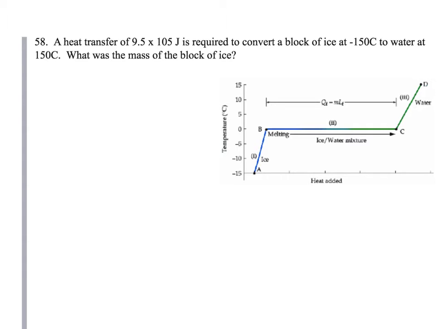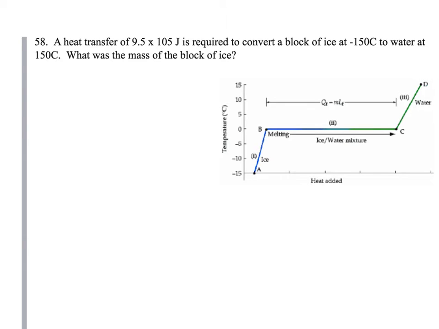So we're adding a lot of heat, but notice that we have a really small positive slope going from A to B. The little bit of heat is bringing about that temperature change. It gets up to 0, and that's when the ice starts melting. And no matter how much heat we add, look at that melting line right there from B to C, the temperature still remains 0.